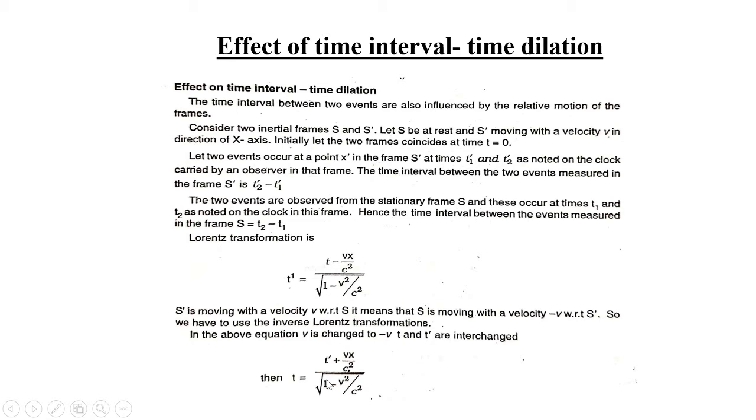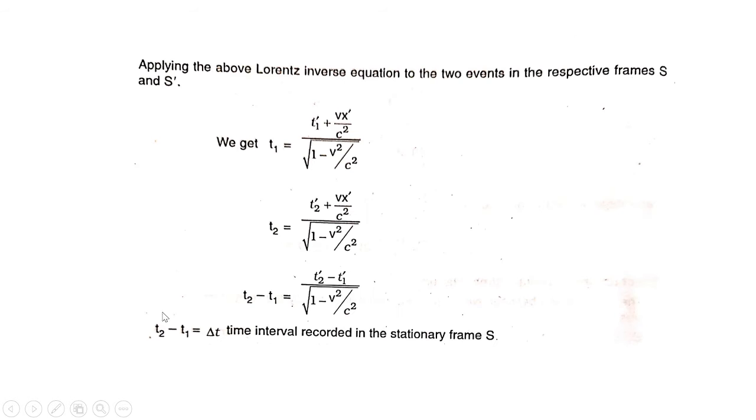In the case of inverse Lorentz transformations, in the above equation v is changed to minus v and t and t dash are interchanged. Here it is t equal to t dash plus vx dash divided by c square, divided by root of 1 minus v square divided by c square.